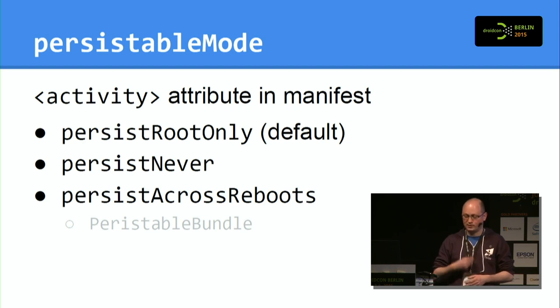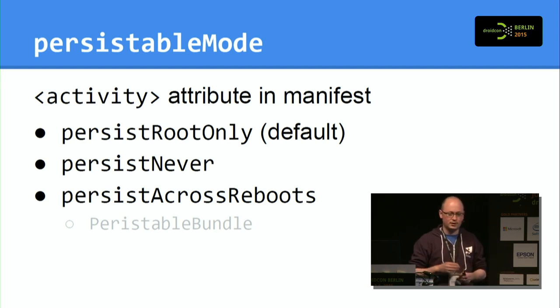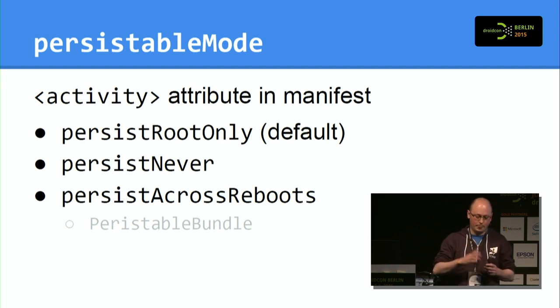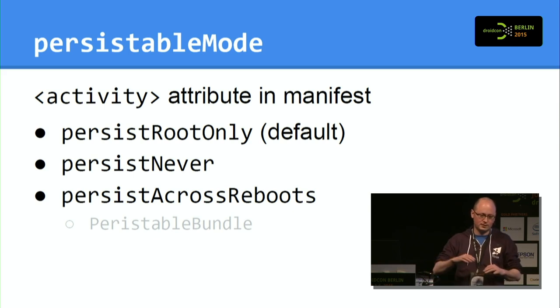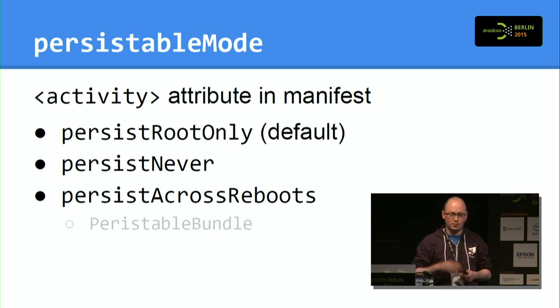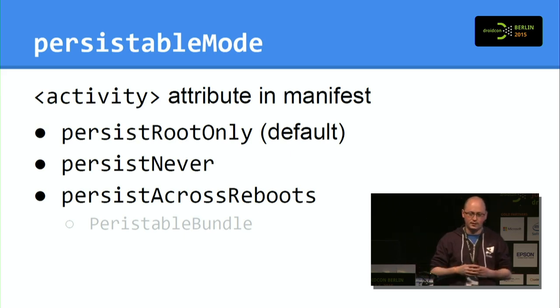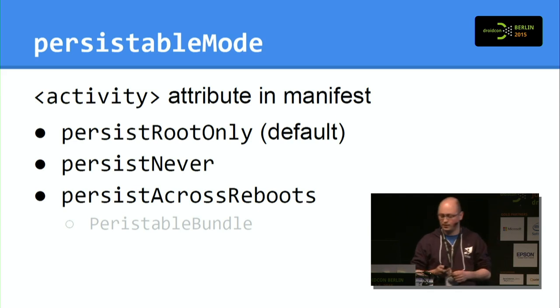Then there's also the persist across reboots, and you can specify that for basically all activities, and when saving content, it will go to the roots of the document tasks and check if the flag is there. Then the activity will have the option to save the content. Then it will go one up, and it will save the state for all of them until an activity is reached where this flag isn't specified. That's just gone after the reboot.